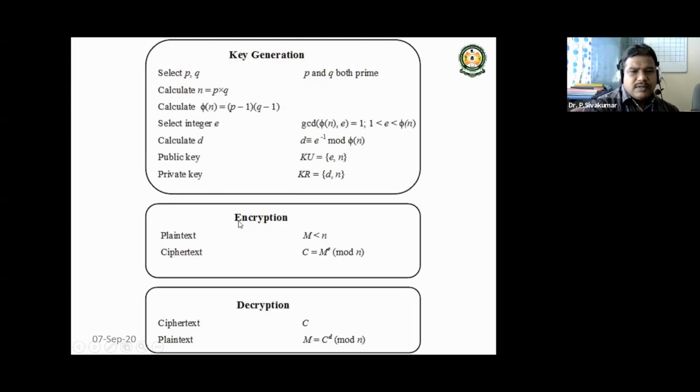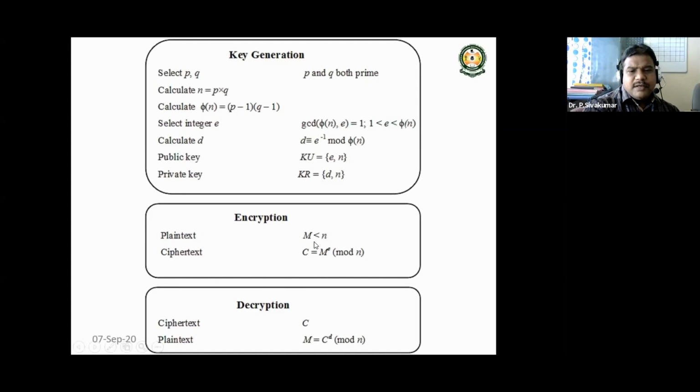Using these two, the private key and public key are used in the encryption. Encryption means normally, suppose you want to provide confidentiality, what can we do? User B's public key is used for encryption, then in the decryption process the private key is used for decryption. Understood?